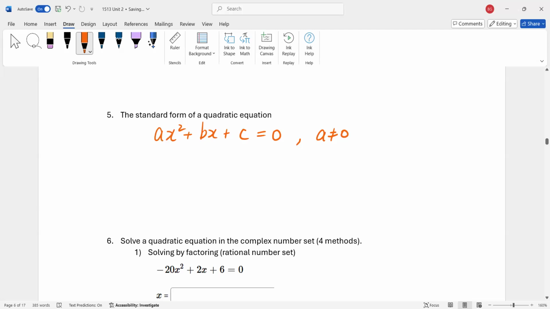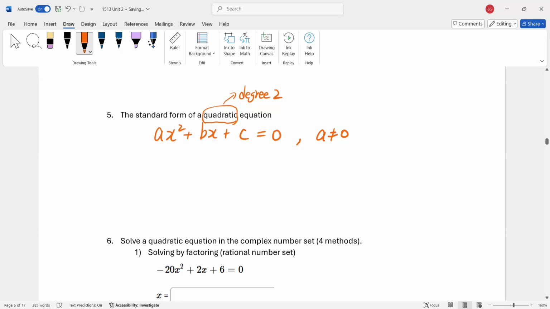Quadratic in algebra means degree 2, all right? Degree 2. And any equation that can be written in that form is a quadratic equation.